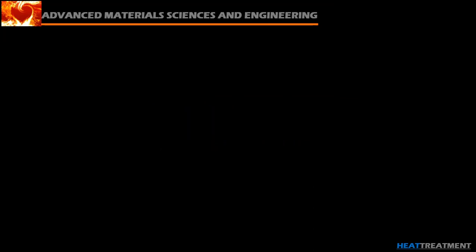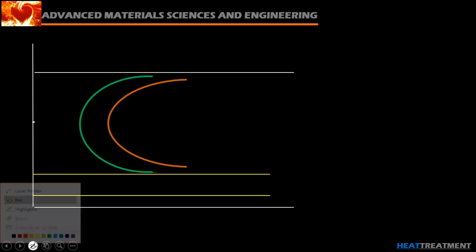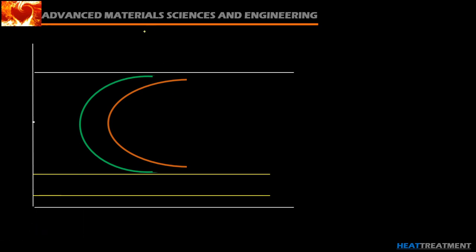To discuss that, let's consider the time temperature transformation diagram. Just a review of that. This is the eutectoid temperature. These curves are showing the start of the phase transformation.